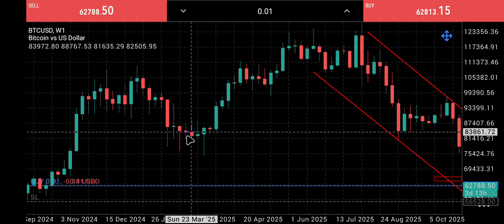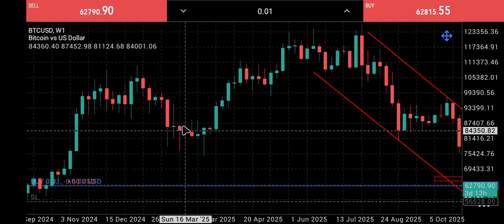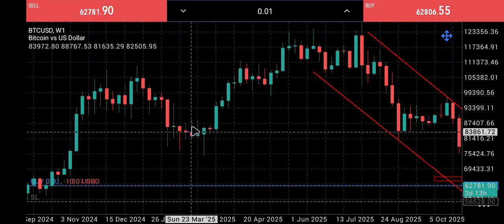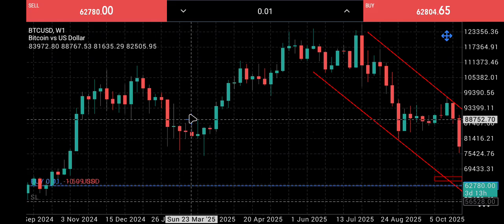So the buyers came in and pushed this price up to this area, right? The opening was here, but the price was pushed up to here.